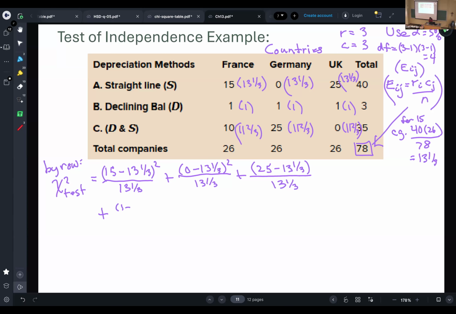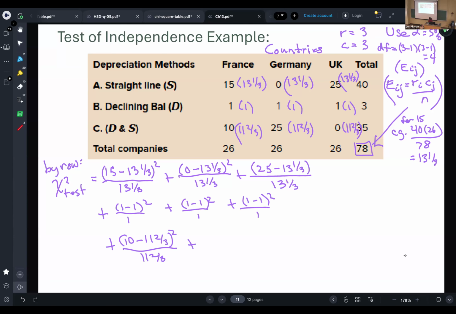These middle ones are all going to 0. We can almost wipe out this row. We don't even need to calculate it because they're all going to 0. And the last one is 10, subtract 11 2/3 squared, divide by 11 2/3. That's the contribution for the combination declining balance and France.